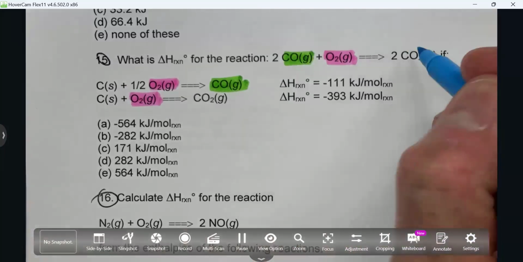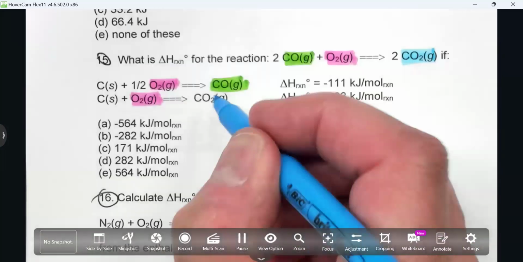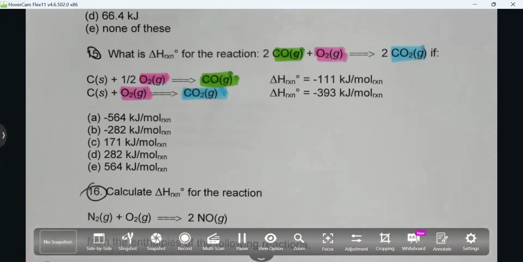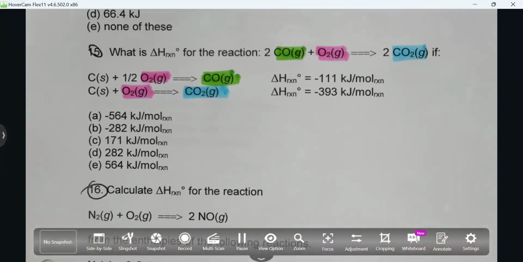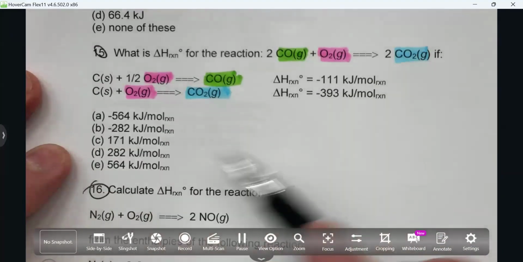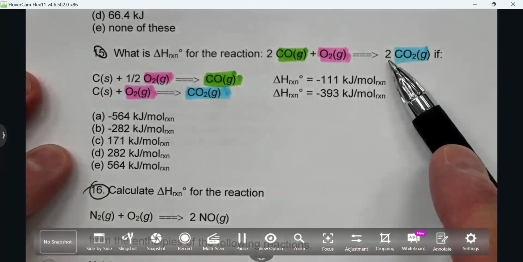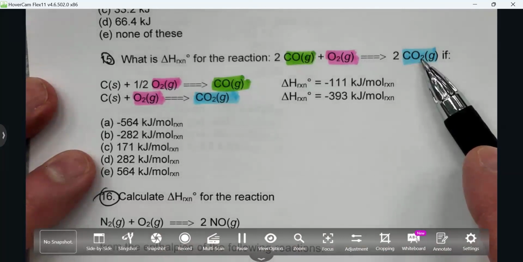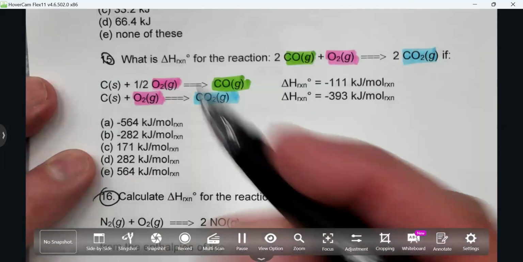And then CO2. It looks like we got to reverse this one times 2. Second one, reverse times 2, because there's a 2 here that we need to obtain. And the CO2 gas is on the product side. We need to get that switched around, right? So this should be reverse times 2.